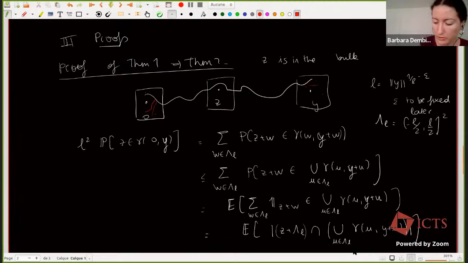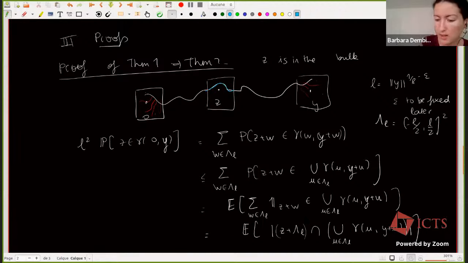So in fact, all this union, which can be really huge, inside the box is only one geodesic on the good event that they all coalesce. All the geodesics form only one path when they intersect the box.